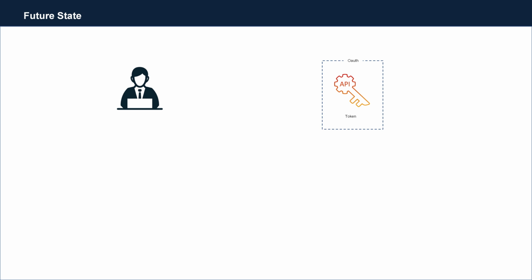So let's look at what the future state as part of this demo should look like. So we've got our user, and our user, instead of interacting directly with our Logic app, will be interacting with an OAuth token endpoint. So what we want to be able to do is provide them with a secret. They can then do a token request, and on successful submission of that, they'll get a token response back.